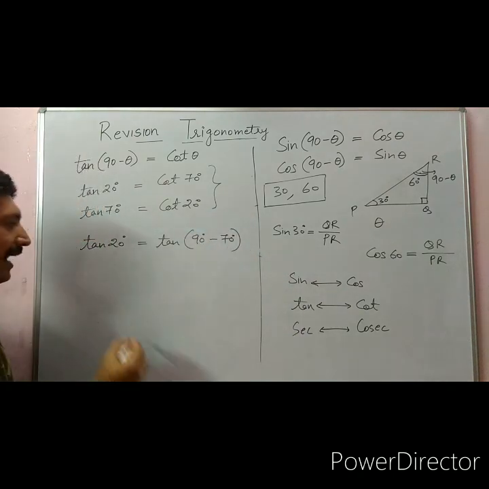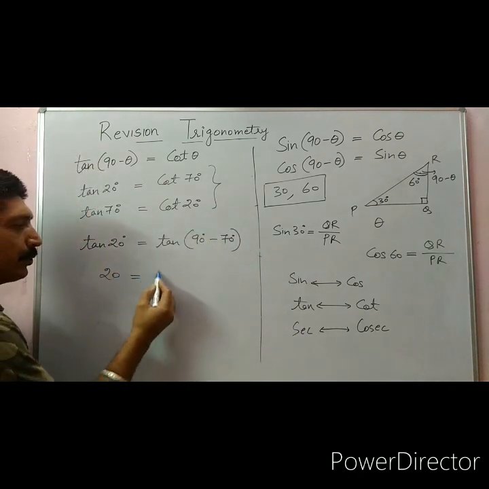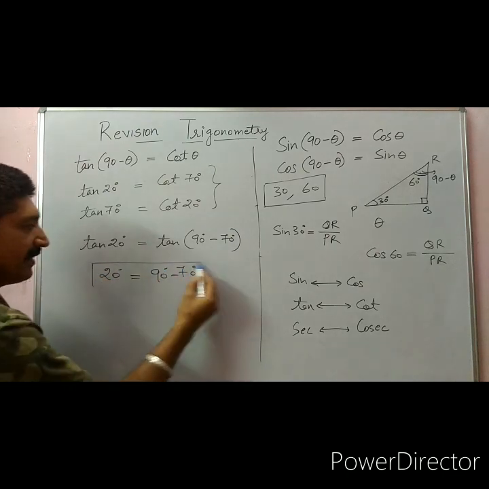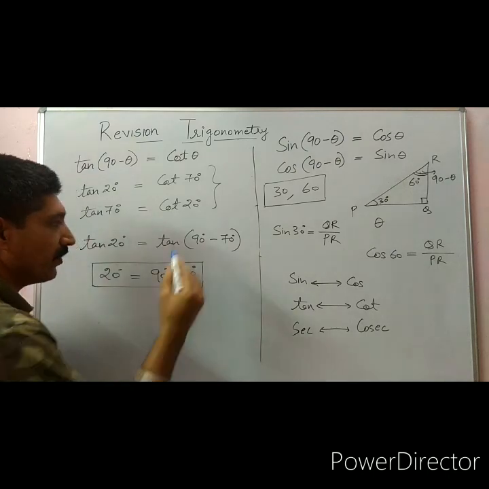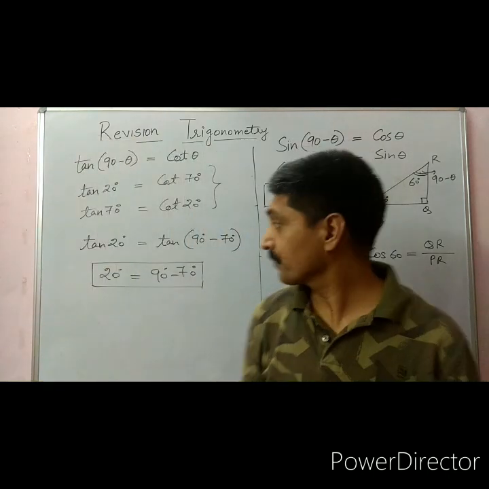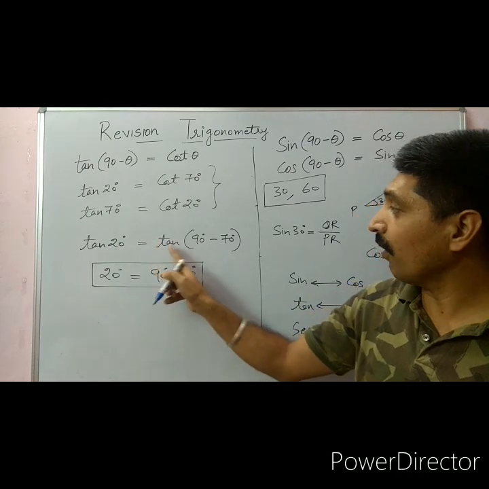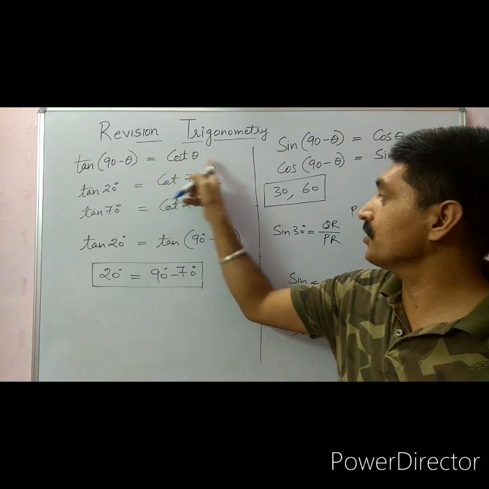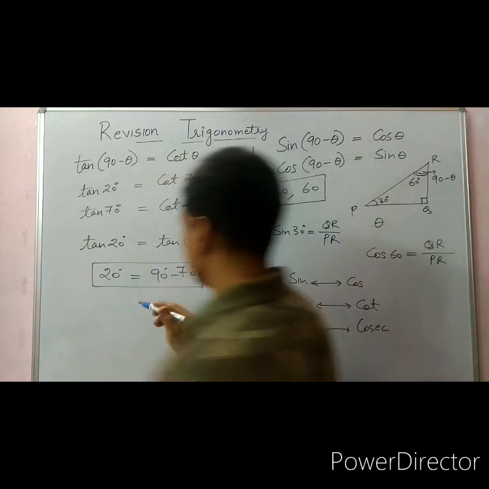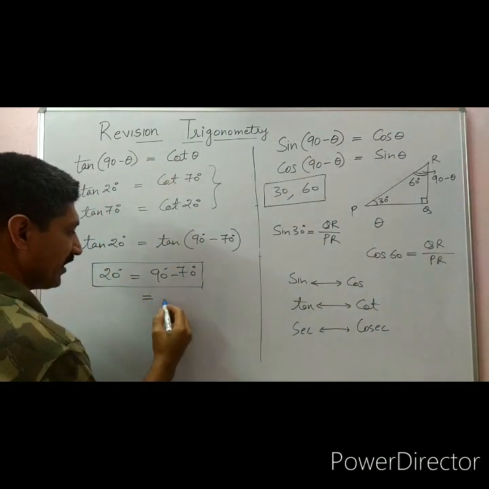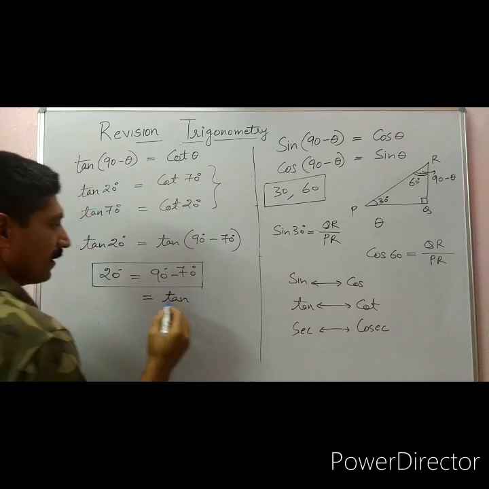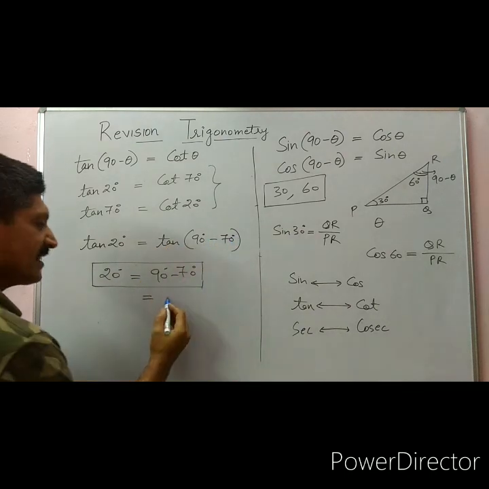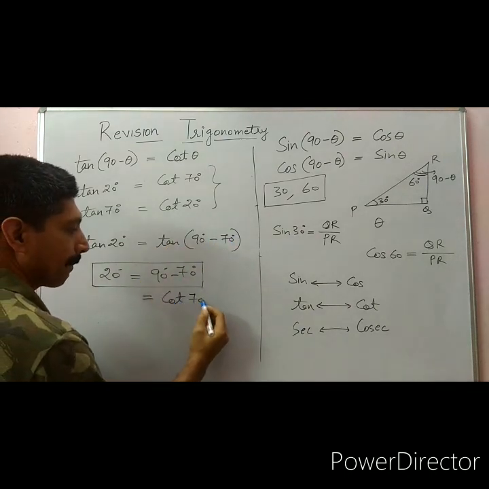What I have changed, I have written 20 is equal to 90 minus 70. Now we have the identity here that tangent of 90 minus theta is equal to cotangent of theta. So here tangent is changing to cotangent here.